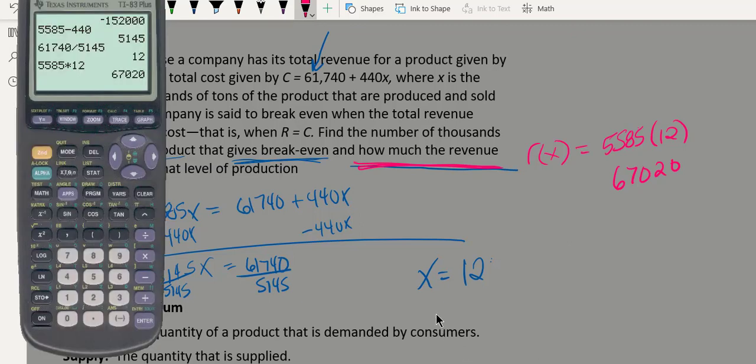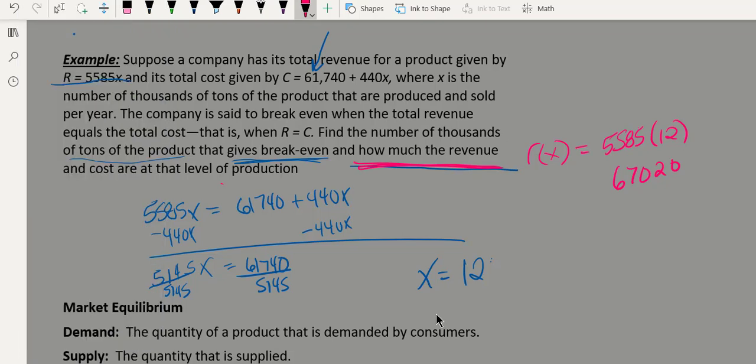Yes. So my last little piece that I need to do is it asks how much is the cost. The cost should be relatively the exact same thing. So if I put in for my C of x, 61,740 plus 440 times 12, because it's the break-even point, we should get the exact same number as our revenue function.